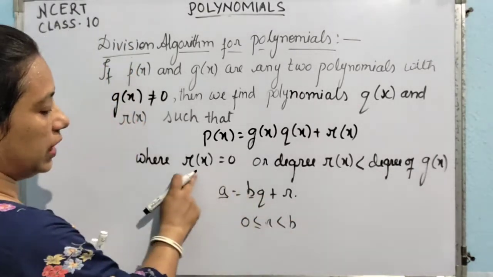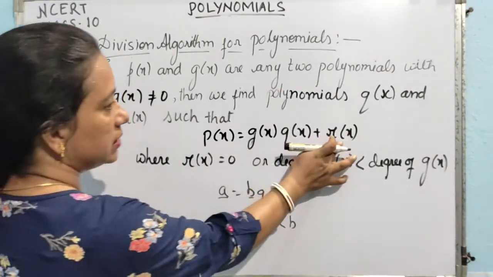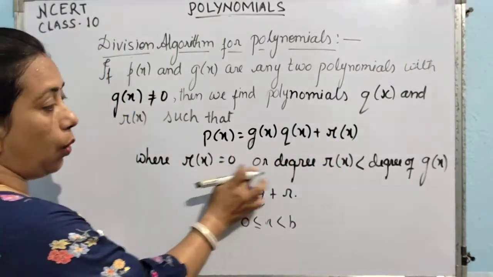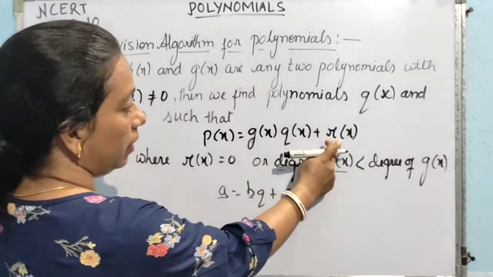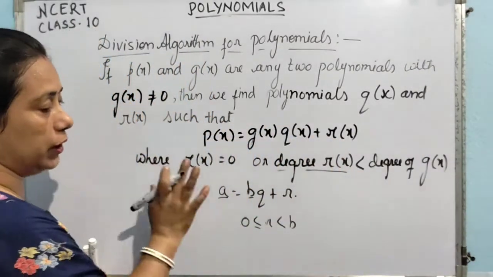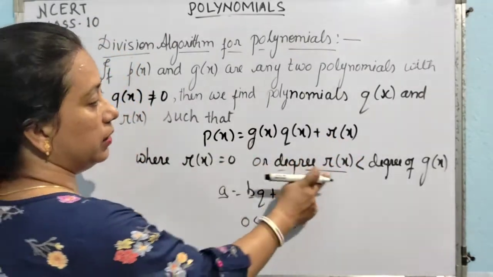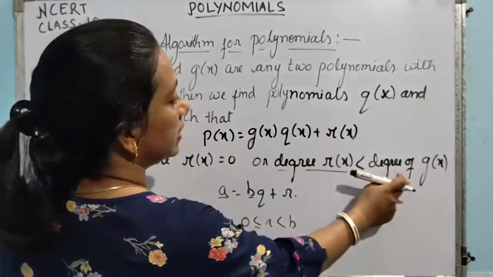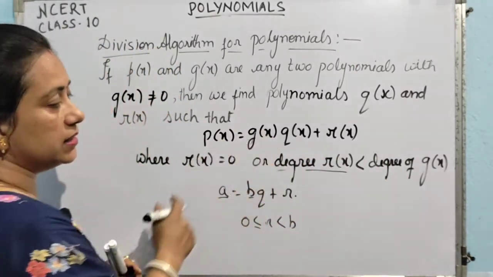So here also, since it is polynomials, this remainder may be either 0 or the degree of r of x will be less than the degree of the divisor. In this case our divisor is g of x.